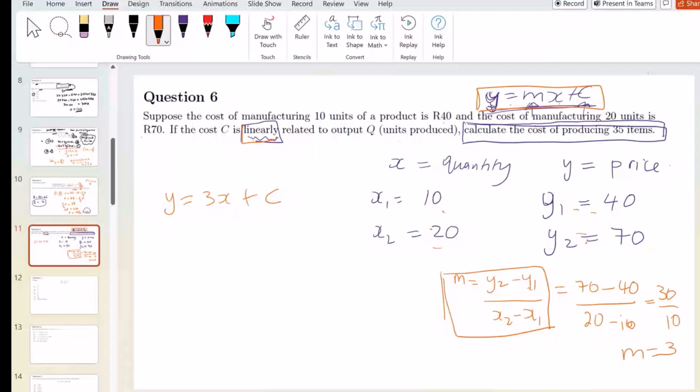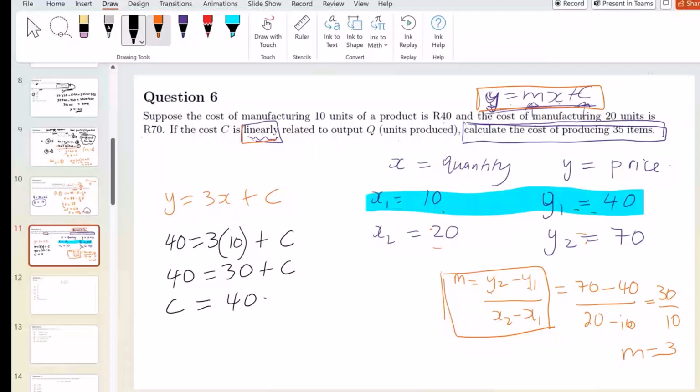So I'm going to have 40 is equal to 30 plus c. So my c is equal to 40 minus 30, which is equal to 10. So I'll go and substitute my c here. So my y is equal to 3x plus 10.